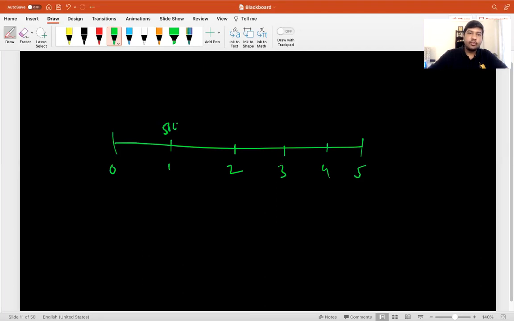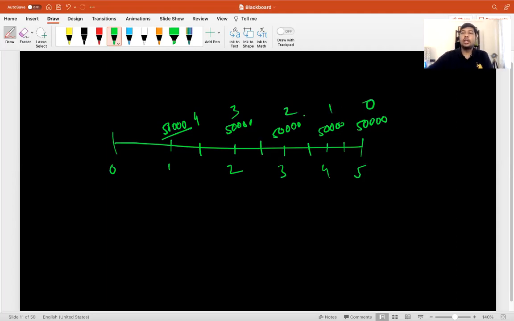If you're investing 50,000 rupees every period, so what's happening is you will get interest for this period, this period, this period, and this period. So for 4 years, you will earn interest. You'll earn interest for 3 years, 2 years, and 1 year. And here you will not earn any interest because the moment you're withdrawing this, the moment you're accumulating, you're simply adding this 50,000. So this will not earn interest for any period.